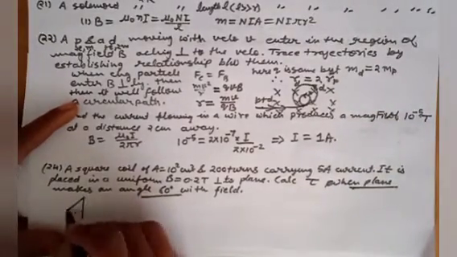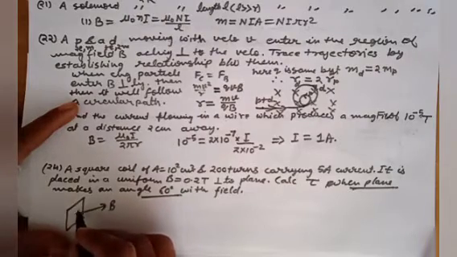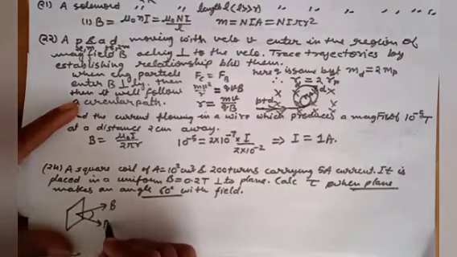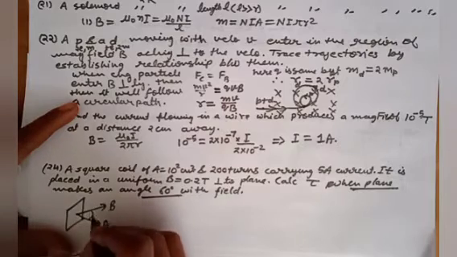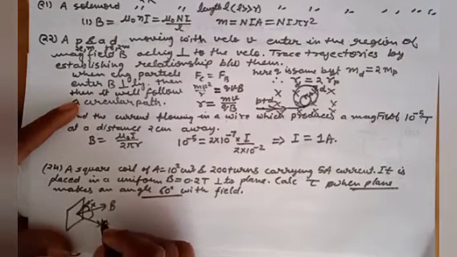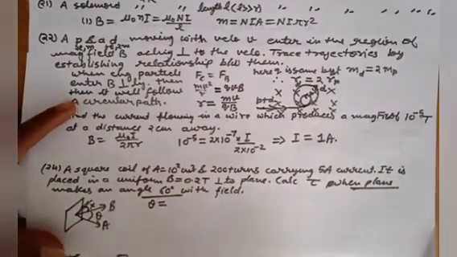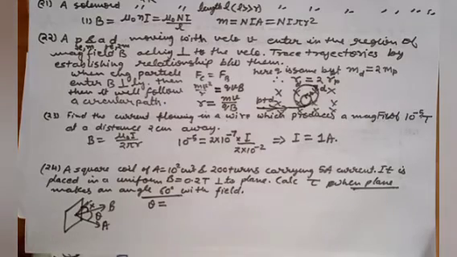Remember, whenever we take the direction of the magnetic field and this coil, we find the angle between B and A, the area vector, not the plane of the surface. This is not considered as theta; this is considered as theta. So first, remember this thing: if the question says the angle is from the normal to the plane, then you have to directly put that value.